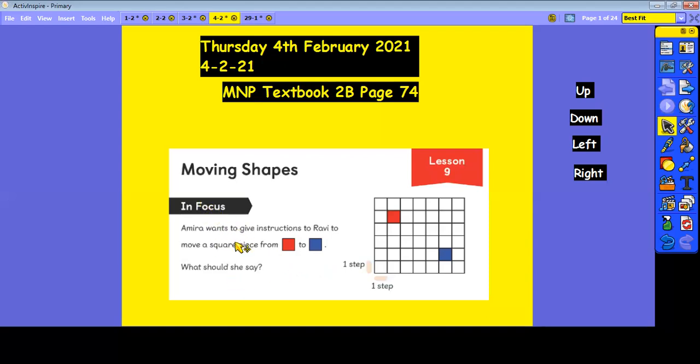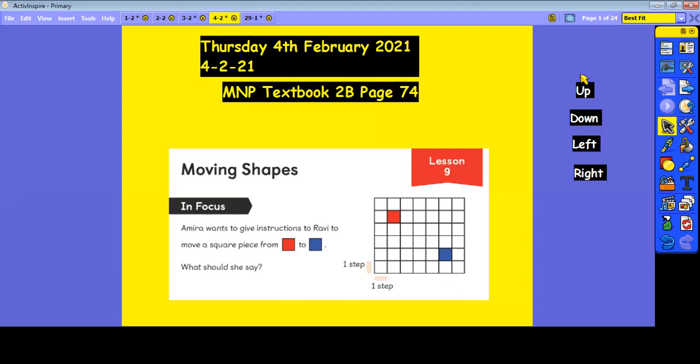So the In Focus task says Amira wants to give instructions to Ravi to move a square piece from this red square to this blue square. Okay, what should she say? Have a little think then. What should the instructions be to Ravi to get this red square to travel to where this blue square is?